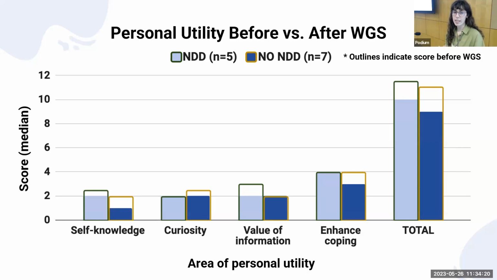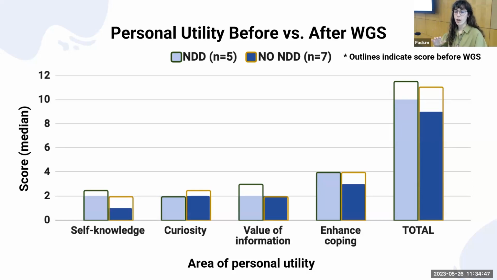So we still see that people who have neurodevelopmental disabilities rated after this genetic test, their personal utility of the test was still higher. But we can see, for example, for coping for people who don't have NDDs, that dropped significantly. The value of information dropped a lot for people with NDDs. Self-knowledge is still higher for people with NDDs compared to people without them.